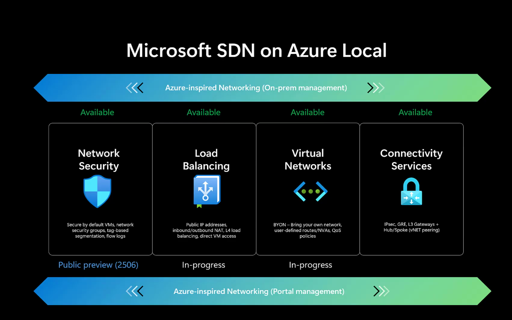Now, we do have customers where if they need to communicate with multiple clusters, you can use an L3 gateway connection on each cluster to actually jump to the next cluster for SDN. And then the last piece here is hub and spoke. So similar to public Azure and following a cloud adoption framework or well-architected framework, we do support hub and spoke.